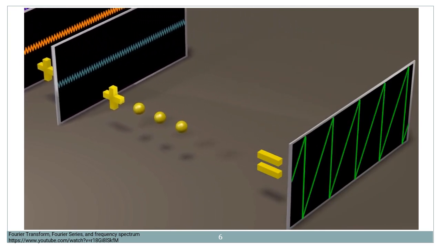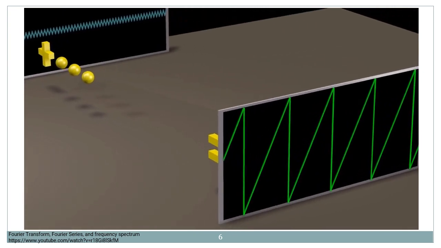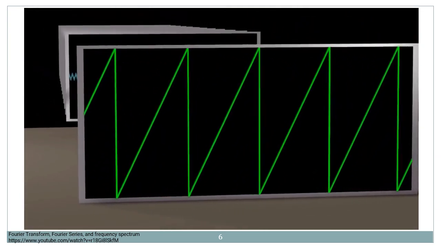By adding an infinite number of sine waves, we have produced this other pattern that looks like this.